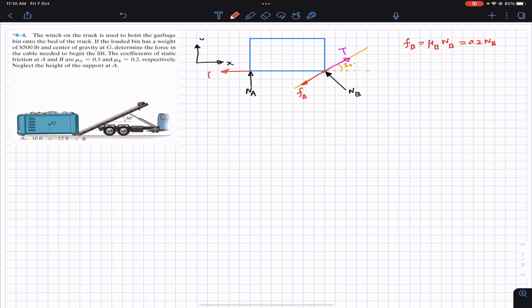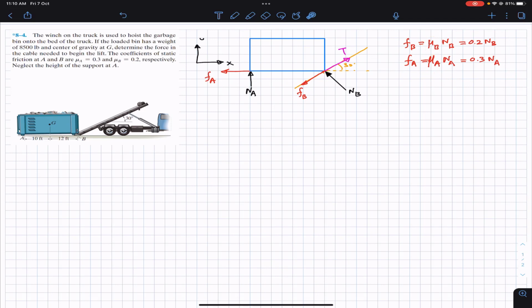So the friction force at A will be equal to mu A times NA, and mu A is 0.3, as given, times NA.